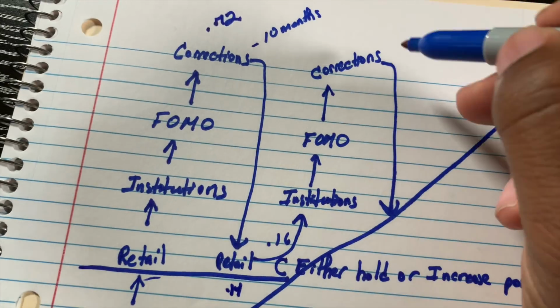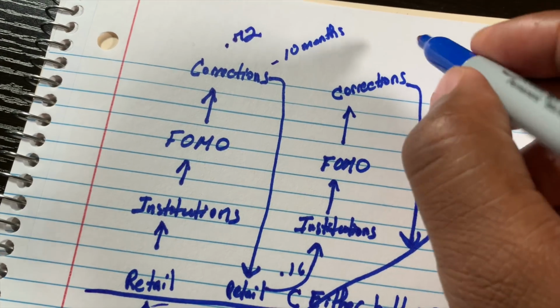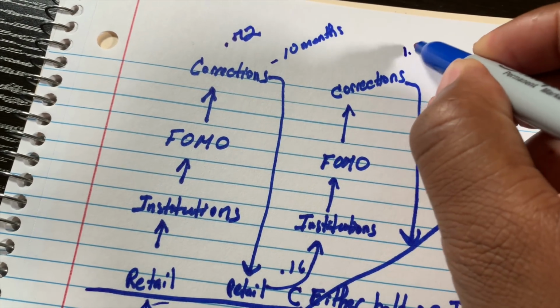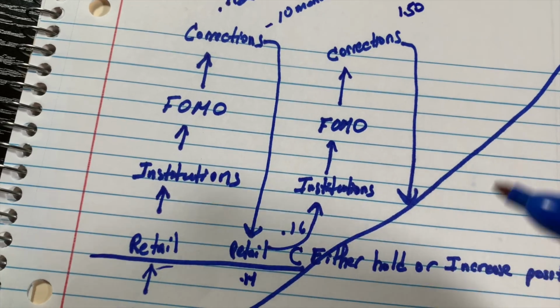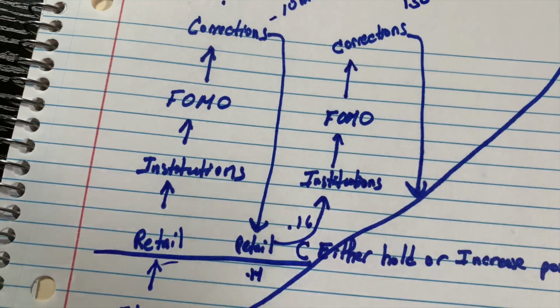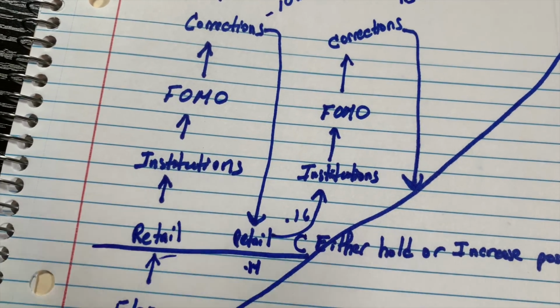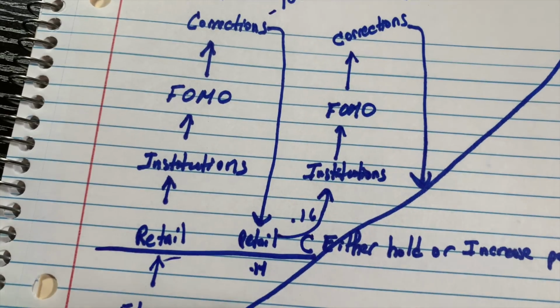And whatever the high is here, let's say, I don't know, $1.50, you can take that and average it down by anywhere from 50 to 85%. So it just gives you a range that you can use to determine a floor.